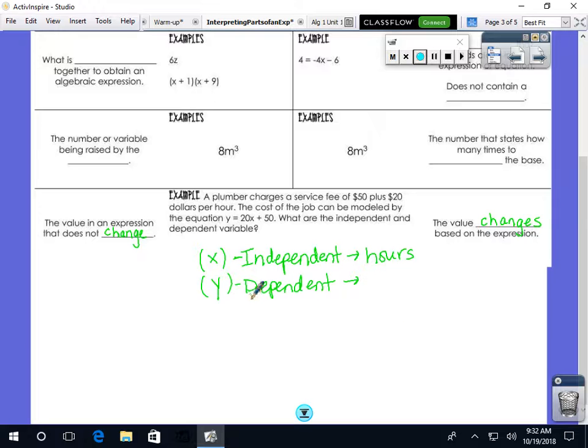And then what would y be? If this is $20 per hour plus $50, what do you think the whole thing equals? Wouldn't it be the total cost that you'll pay depending on how many hours are worked? So the total cost is dependent on the amount of hours that it takes to fix the problem.